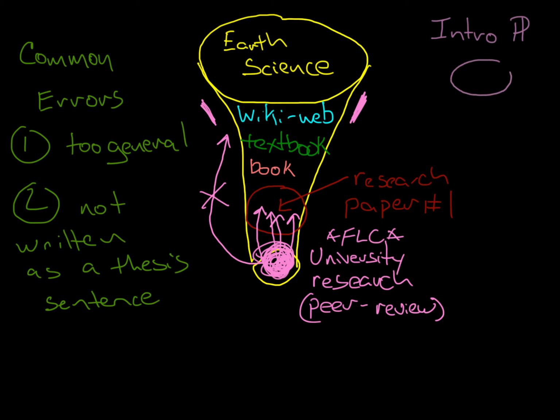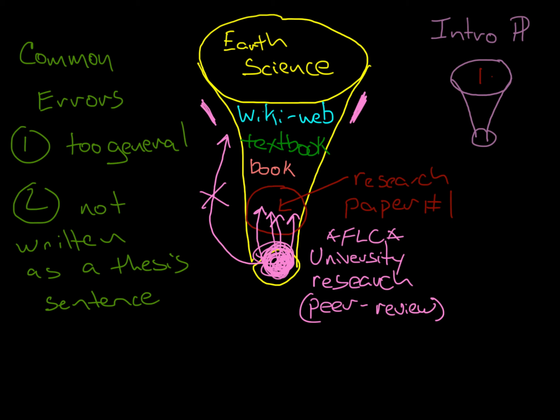So you're going to start off with something very general. Use this same funnel concept. And the first sentence might be something very general on, let's see, I was just talking with someone today, or emailing back and forth, and their topic was about mass wasting. And they were interested in mass wasting events in California.